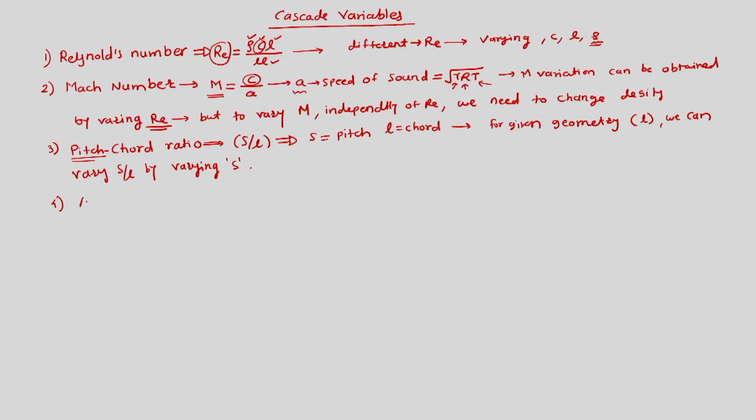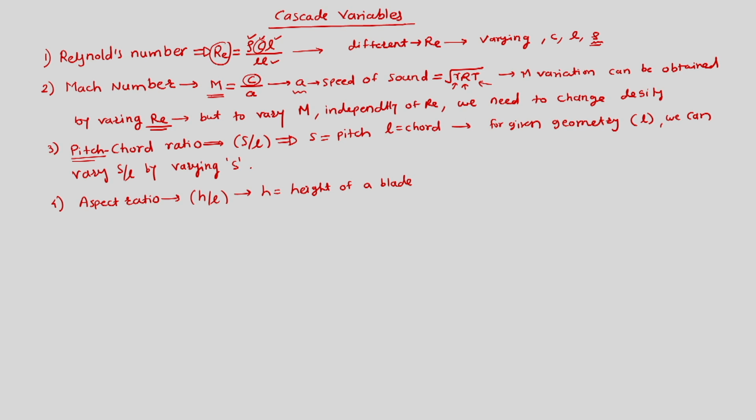Fourth is aspect ratio. Aspect ratio is for a particular blade, defined as H by L, where H is height of a blade and L is chord. So, H by L is the aspect ratio.